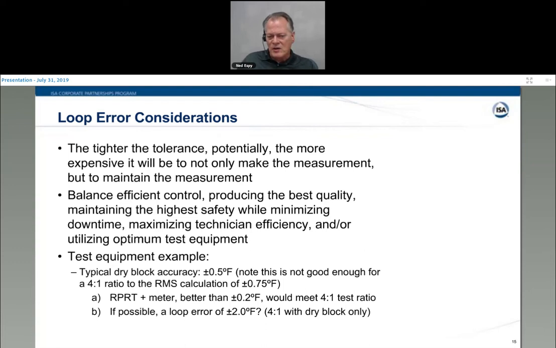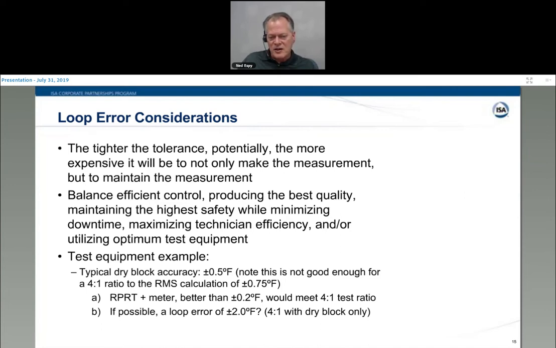But if our RMS average was 0.75 and we want a 4-to-1 ratio to meet this 0.75, we need something that's around 0.2 degrees. So this is an example where it becomes more expensive. You can buy a reference probe, I'm calling it an RPRT, and you drop that into the dry block, and that does help you meet this 4-to-1 test uncertainty ratio.